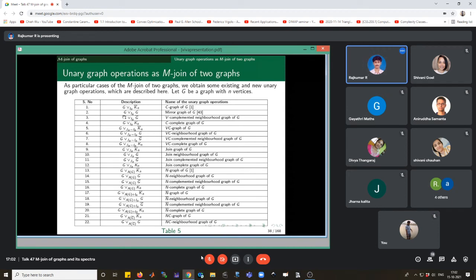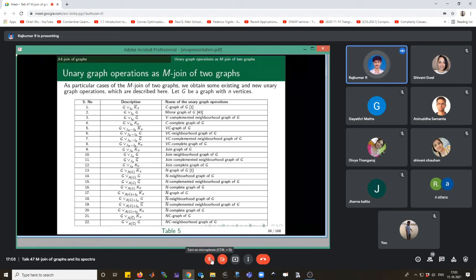And take G and G itself, two copies of G, and join them using the identity matrix. That is, join each vertex of G to the same vertex in the second copy.